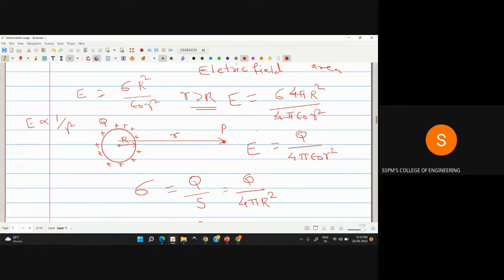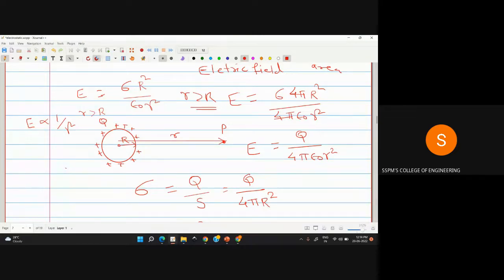So if your point is located outside of the sphere, then the electric field is sigma capital R square divided by epsilon 0 small r square. Or simply we can write the electric field is inversely proportional to r square for the region r greater than capital R.